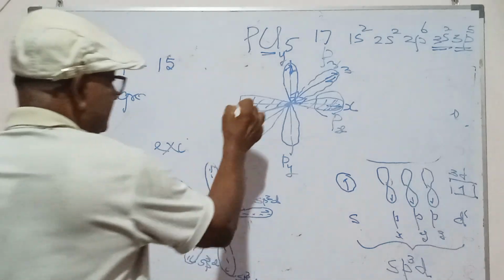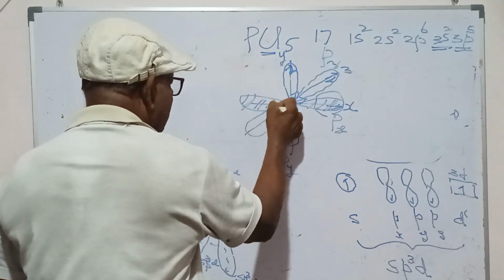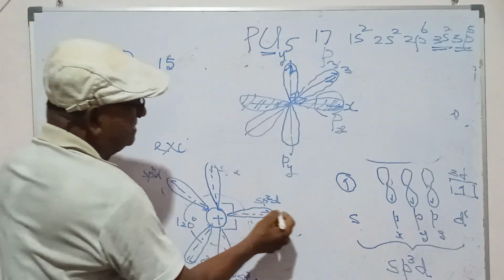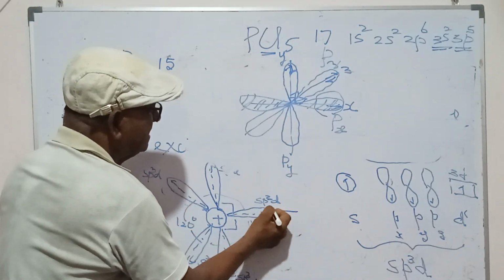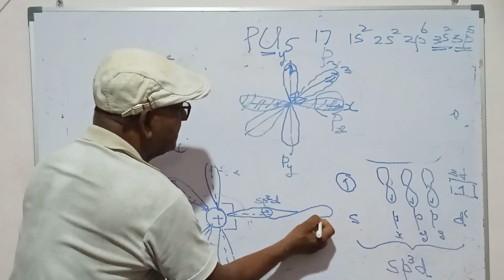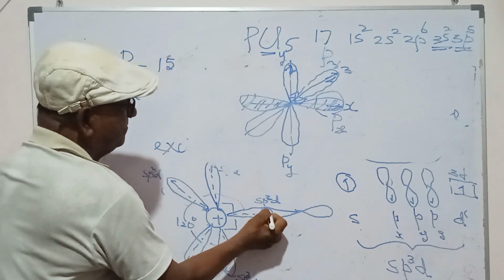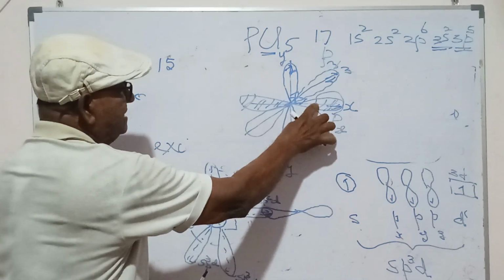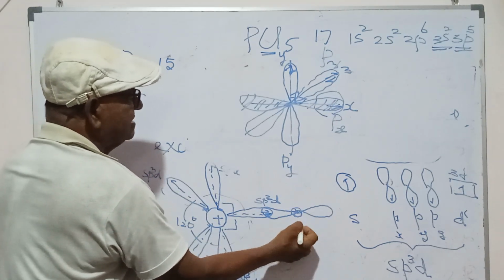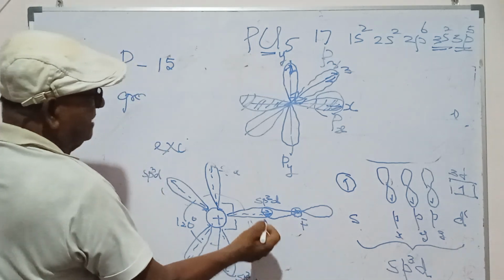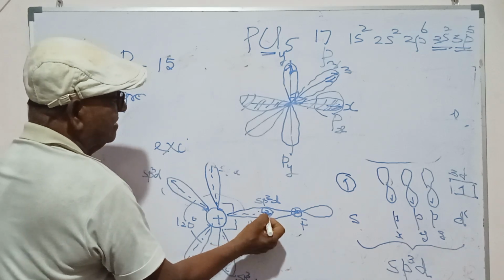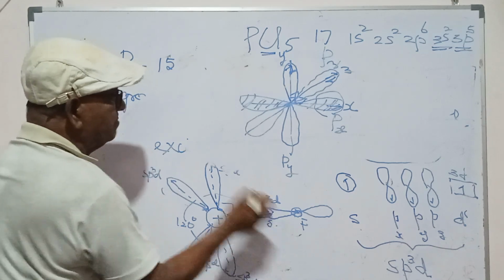Then this orbital can be bonded with an sp3d hybridized orbital of phosphorus like this. This orbital comes here from the chlorine atom, this is the nucleus, this is the chlorine atom, and linear overlapping forms sigma covalent bonds.